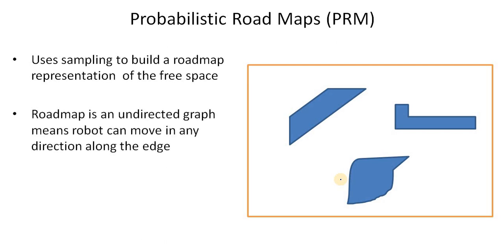So now what is a roadmap? A roadmap is an undirected graph. It means the robot can move in any direction along an edge. An undirected graph has no arrows, no directions on it. It means that motion is possible from one node to another node, and also from the second node back to the first one.